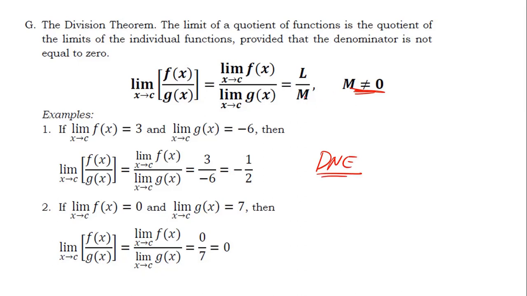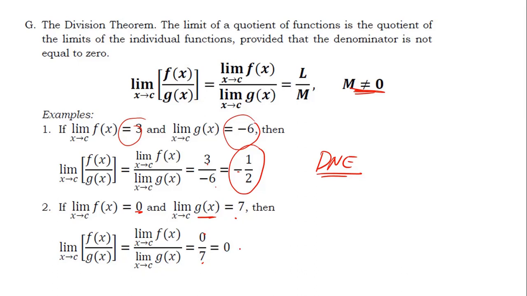So the limit of the denominator should not be 0. Here, the limit of this function is 3 and the limit of this function is negative 6. So 3 divided by negative 6 is equal to negative 1 half. The limit of this one is 0, and the limit of g is 7. So 0 divided by 7 is 0.